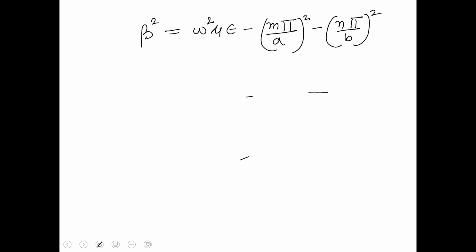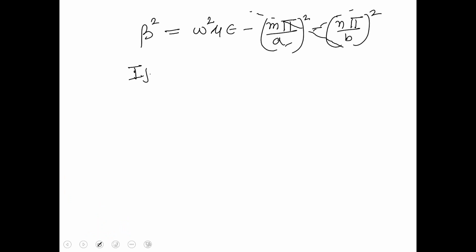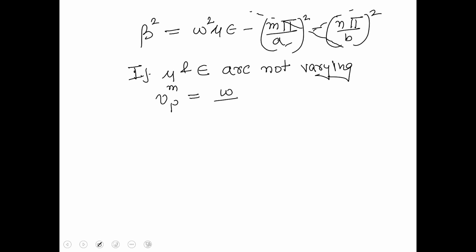What you notice here is that if these terms were not present, if it was just beta medium, and again the condition is the same, if mu and epsilon are not varying, then what would happen to your V phase, in the case of only the medium, would be given by omega by beta, which is omega by omega square root of mu epsilon if those terms did not exist.